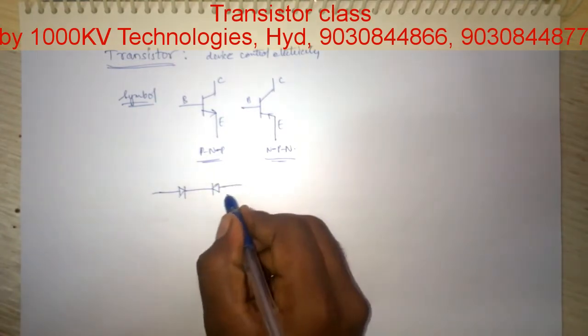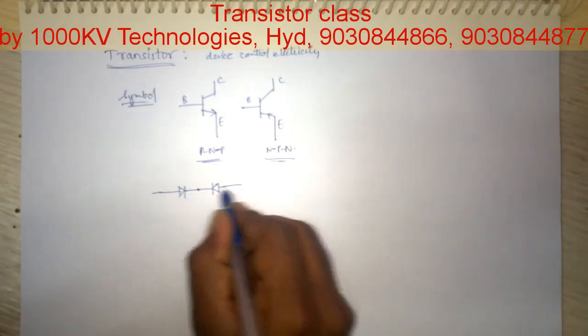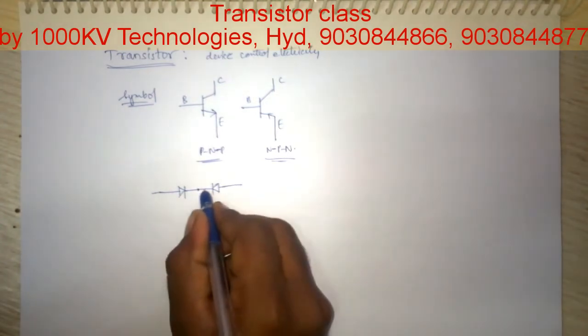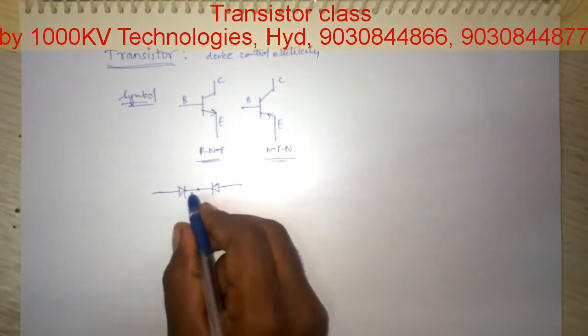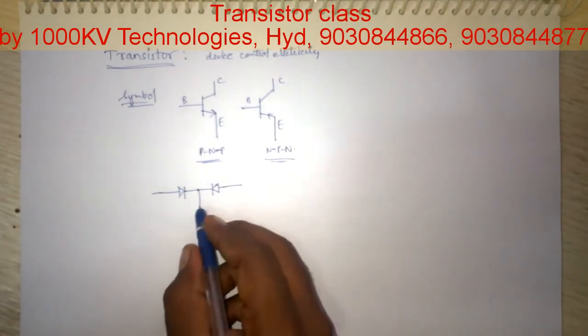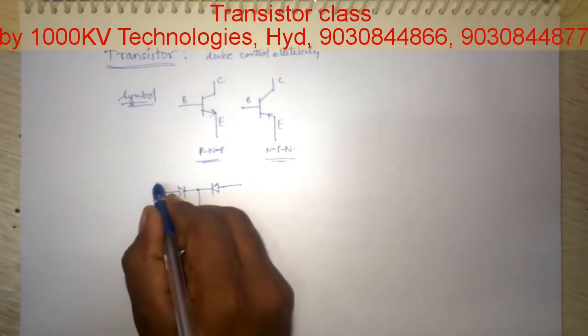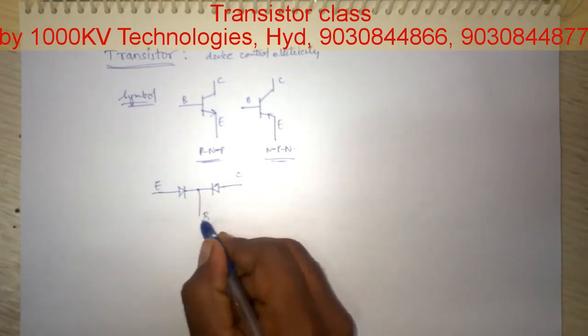This is one terminal, this is one terminal, and this is one terminal of the second diode, and this is a common terminal. This is the emitter, this is the collector, and this is the base.